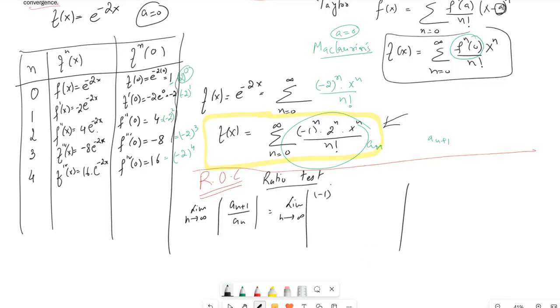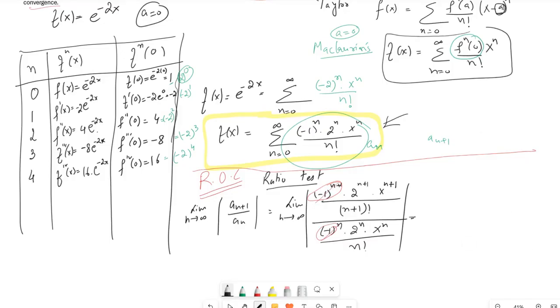So negative 1 to the power n plus 1 times 2 to the power n plus 1 times x to the power n plus 1, divided by (n plus 1) factorial, divided by negative 1 to the power n times 2 to the power n times x to the power n divided by n factorial. The only thing negative in this is negative 1 to the power n, and when you take the absolute value, that becomes positive.